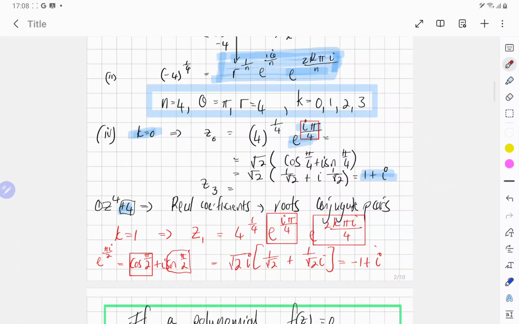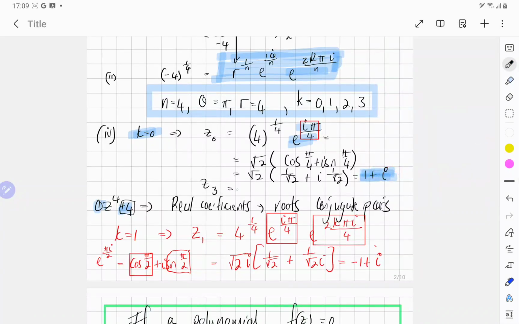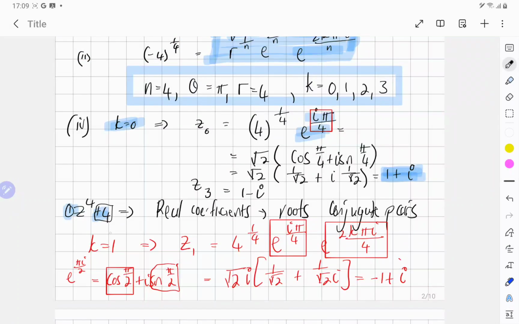So just to recap, when k is 0, we had 1 plus i, but since the coefficients are real, our roots are in conjugate pairs, so we immediately know that 1 minus i was also a root. Now we did k equals 1, so we're doing z1.